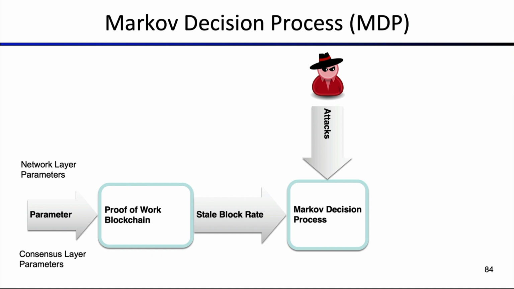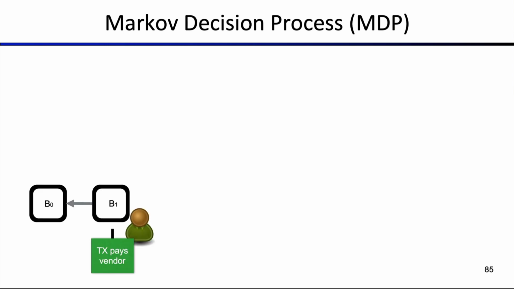When you solve this process, you will get a set of optimal strategies to perform depending on the state. This is basically the output of the Markov decision process. What I would like to show you is how to model a blockchain in an MDP, in the Markov decision process. I think this is probably the most interesting takeaway message for this segment of the lecture.